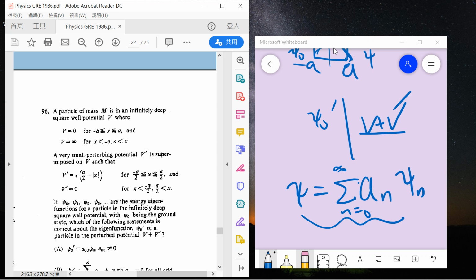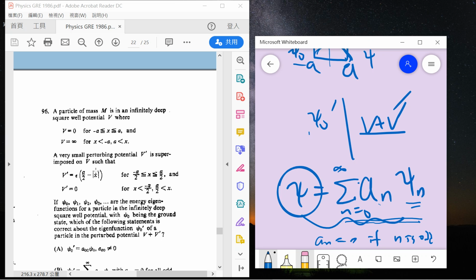So the even function can be used as an expansion of any even function. So that means we know that this a_n will be 0 if n is odd, right? Because especially when your perturbation is also an even function.